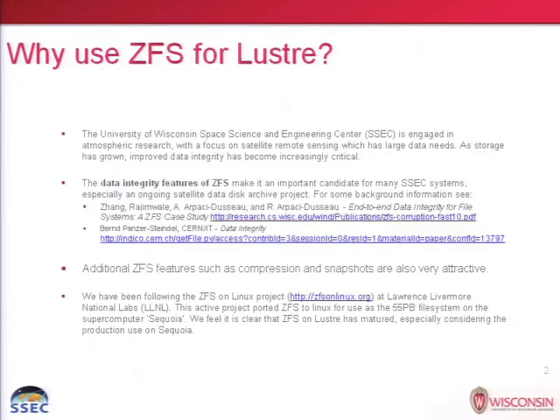I looked at some of our satellite data, and we're seeing between 1.2 and 1.4 times compression, basically for free, depending on how powerful your storage servers are. And we've been following the ZFS on Linux project at Lawrence for the past couple of years, and that's now in production on a 55 petabyte file system on Sequoia, and so we feel Lustre's matured, especially considering that production use.